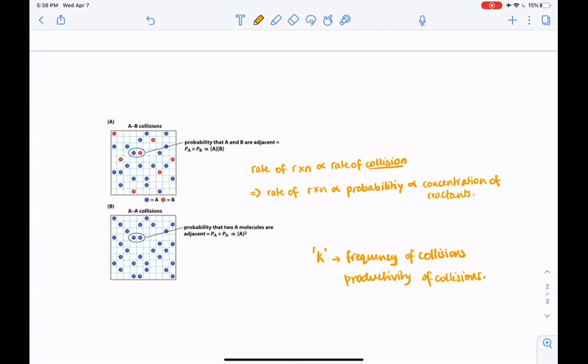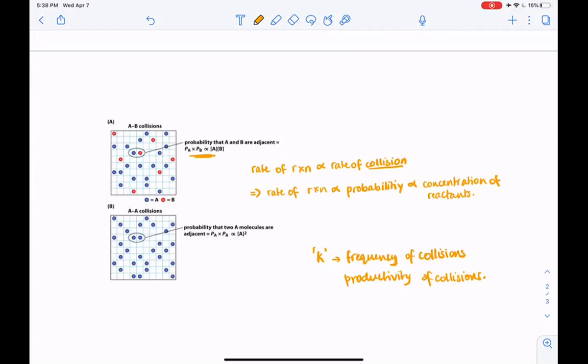So we can assume that the rate of reaction is proportional to the probability of one molecule of reactant times another molecule of reactant, depending on how many molecules of reactants are required for the reaction to proceed. In an A-B collision system, it's going to be the concentration of A times the concentration of B. And in, say, an AA collision system, it would be just the concentration of A squared.